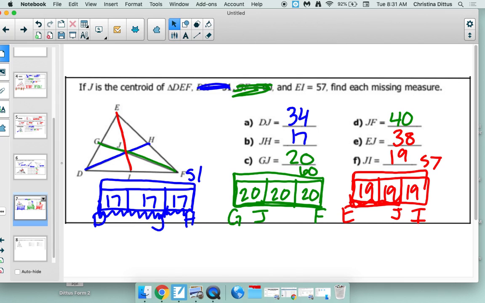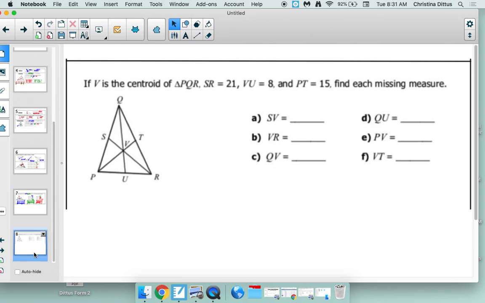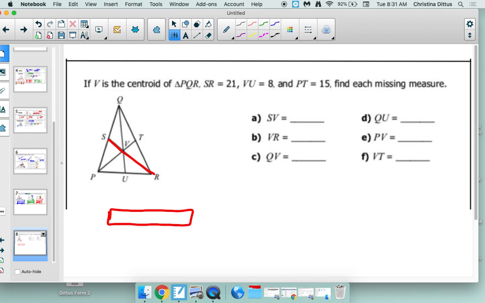Okay, one more. V is my centroid, so V is where all of my medians meet. I have SR, my whole line. Should V go on the left or the right in between the SR?